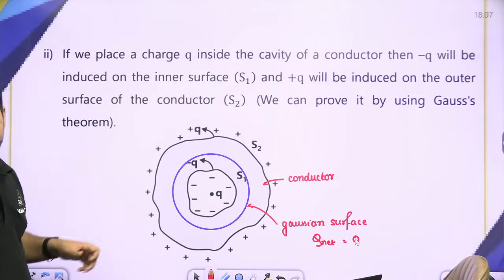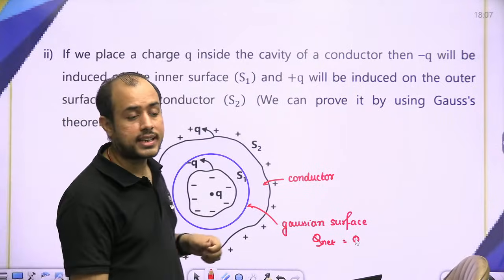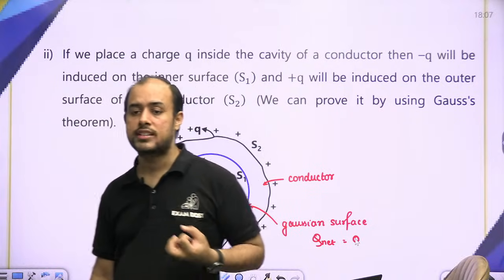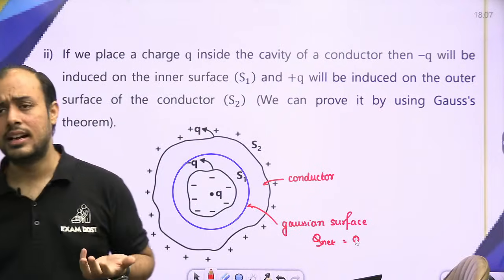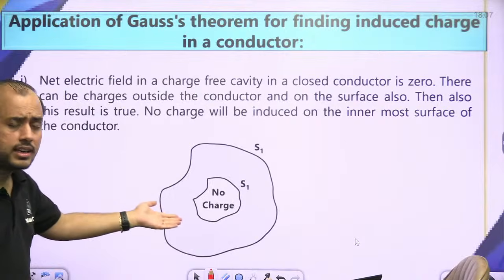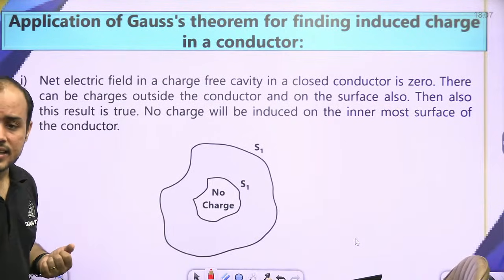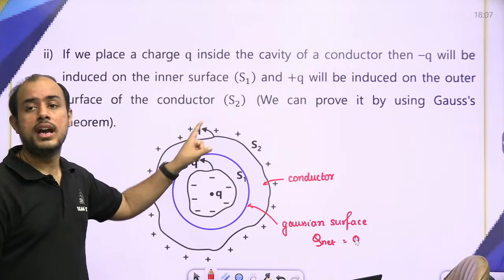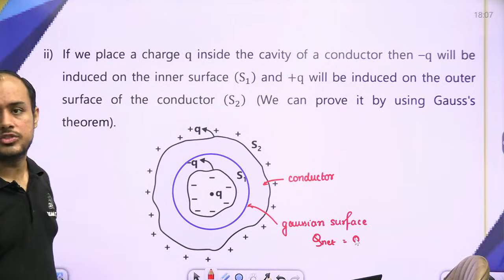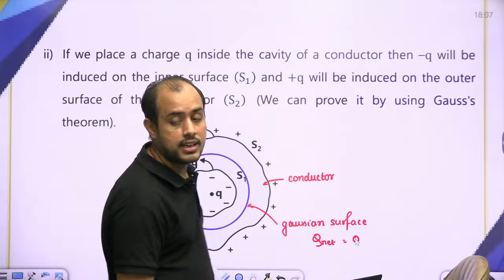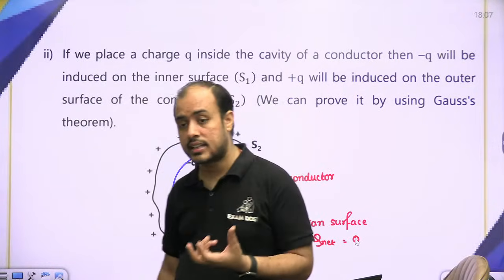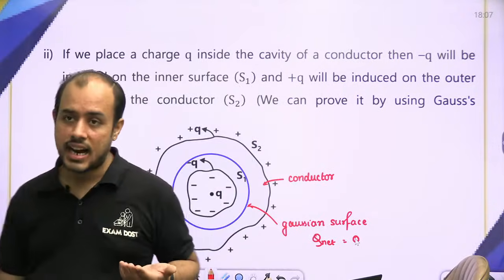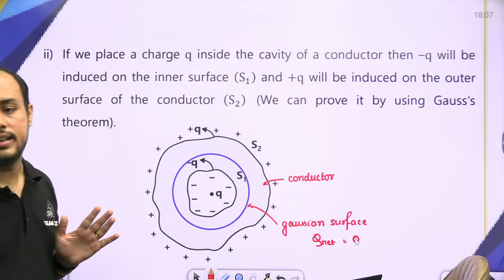But conductor was neutral, it cannot get a charge without a source of charge. कंडक्टर स्टार्टिंग में न्यूट्रल था भाई, कोई चार्ज ही नहीं था, अचानक से कहां से चार्ज आ जाएगा. So to balance this minus q, a plus q charge is induced on the outer surface, so that net charge on a conductor remains zero, because charge can neither be created nor be destroyed.